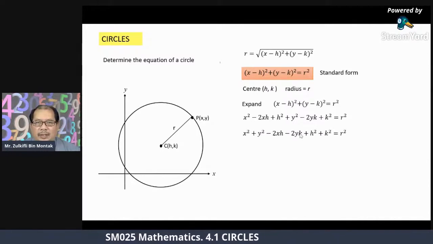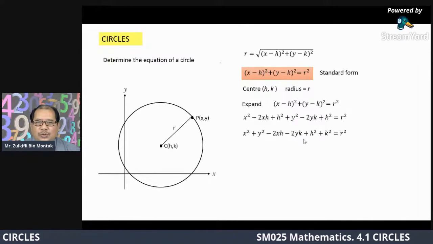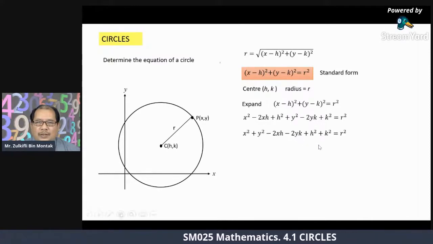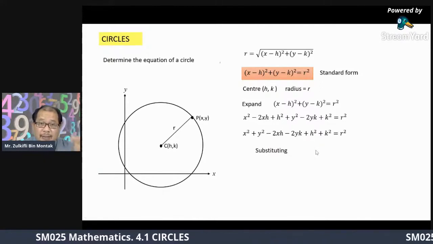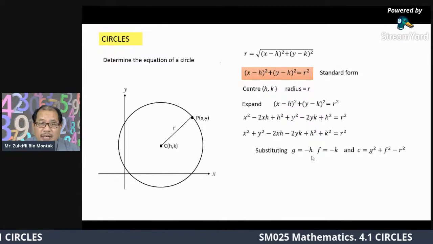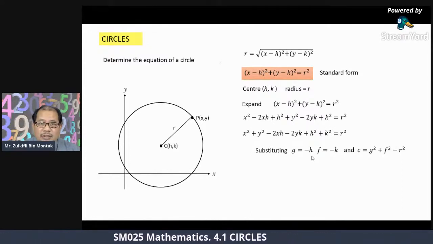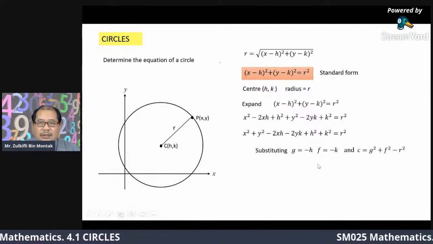And then we arrange: x square plus y square minus 2xh minus 2yk plus h square plus k square minus r square equal to 0. If we substitute g equal to negative h, f equal to negative k, and c equal to g square plus f square minus r square.